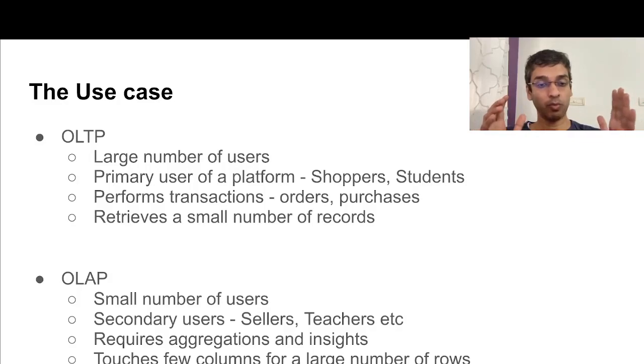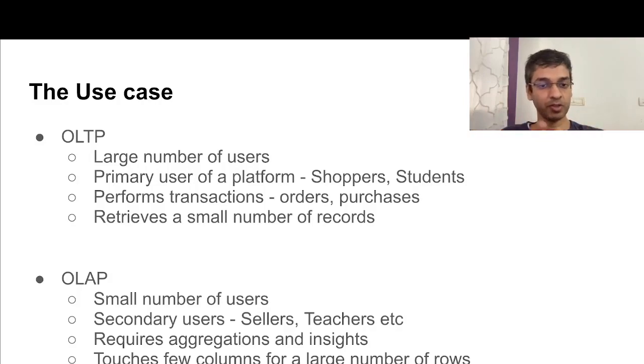Look at what you will do in a data warehouse, right? So there will be a small number of users, either business users or secondary users of the platform. For example, in a platform like Udemy, you can consider teachers who will be using an OLAP database, because I need to look at the statistics of where are students dropping off in the course. How many students come in and look at a course and how many of them eventually go on and purchase it.